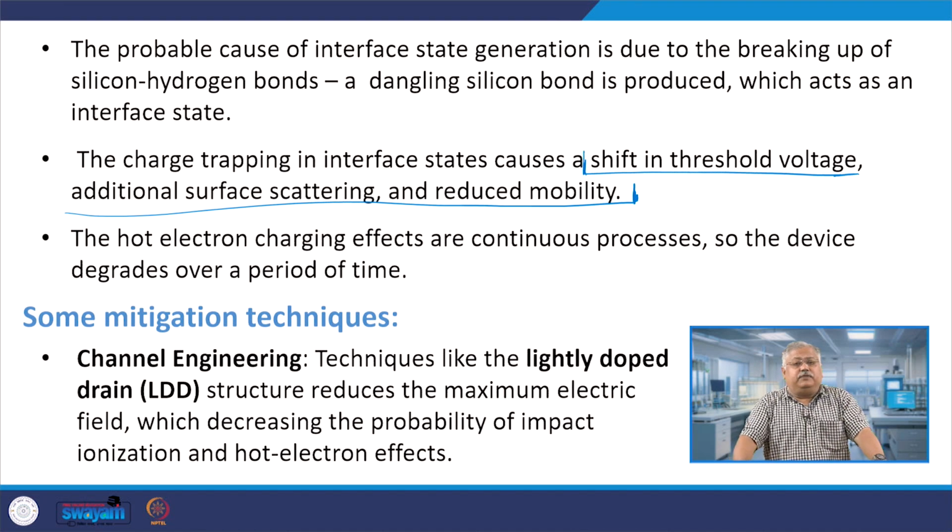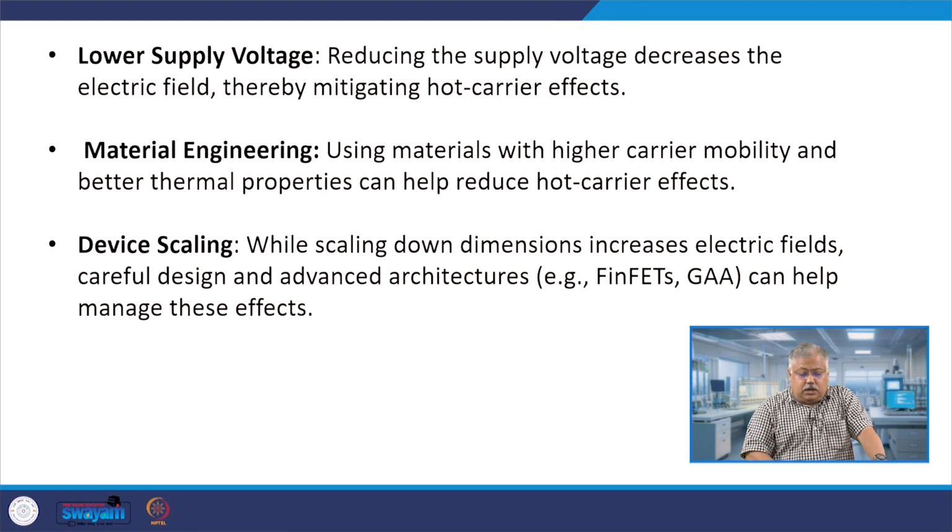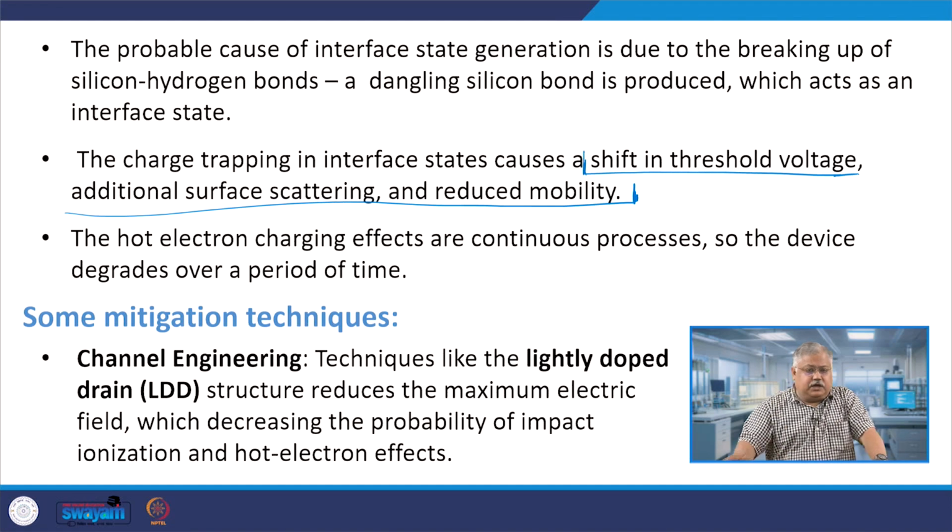There are techniques which are available. One is channel engineering, and one is the LDD structure, which is known as the lightly doped drain structure. When you make a lightly doped drain, it means your doping concentration is relatively small, your depletion widths are therefore relatively large, which makes the electric field small. When the electric field is small, the probability of impact ionization and hot carrier effects are reduced.